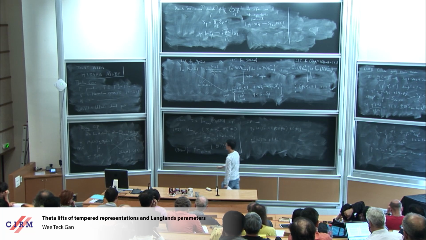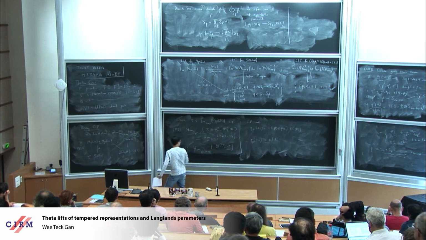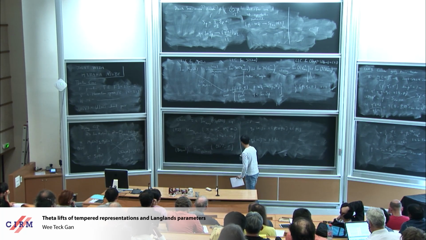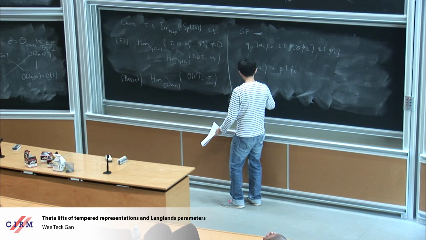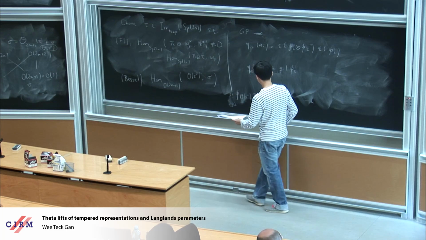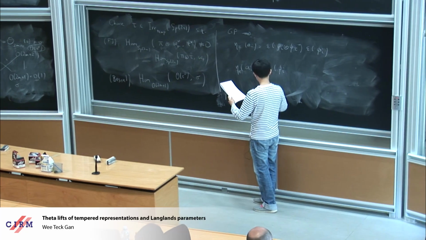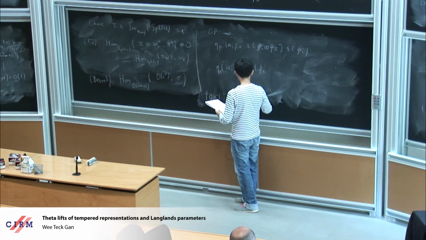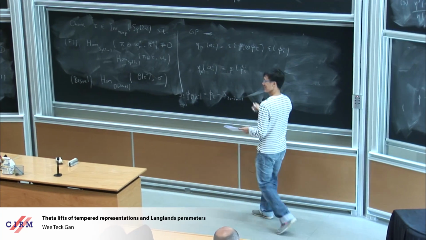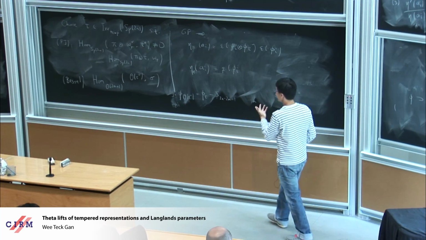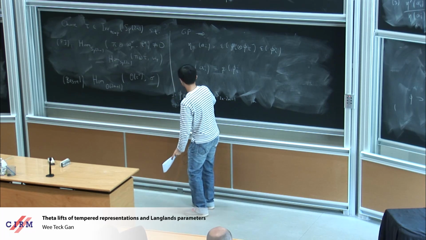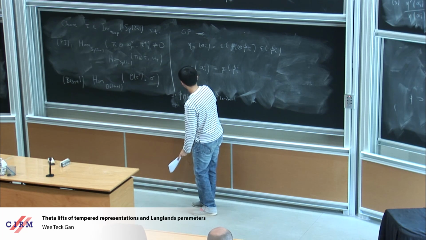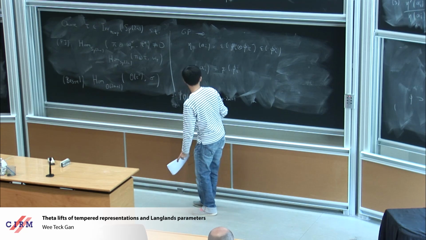Okay, so I need to know that this, I mean, this is basically this guy minus, I think, something like that, I hope, okay, something like that. I mean, you have to get the dimension right, because this guy is 2n plus 1. I want to end up with 2m plus 2.